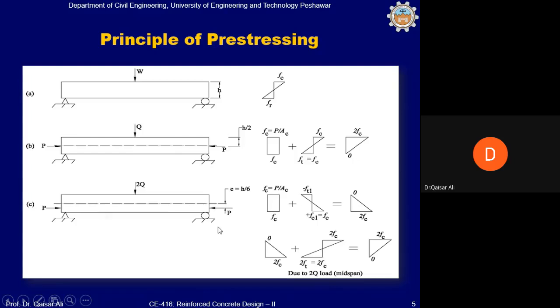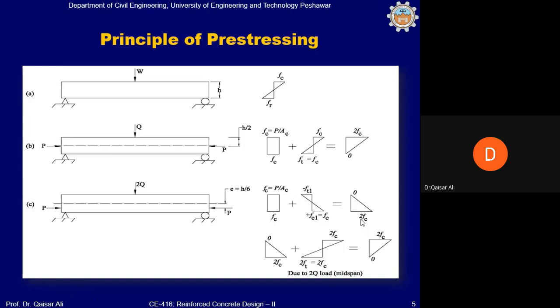So Fc minus Ft1 is equal to 0, and Fc plus Fc is equal to 2Fc. So 0 and 2Fc is the state of stress. Tensile stresses are 0 in the upper fibers of the beam, but with twice the compressive stresses in the lower fibers of the beam.